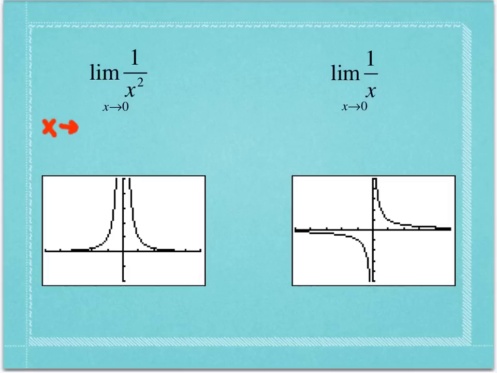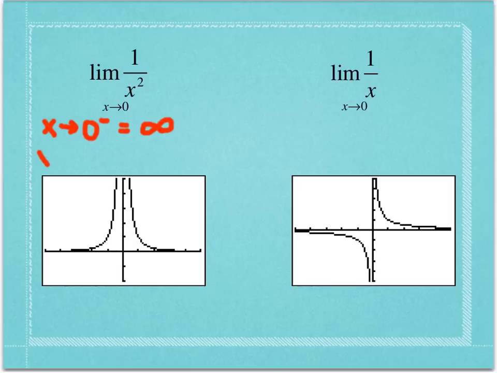As x approaches 0 from the left, I think we see that my limit is going to be positive infinity, right? And just to trace what's going on here, I'm getting closer to 0. I have to follow my function. It's just going to keep going higher and higher and higher. So from the left, it's going to be infinity.